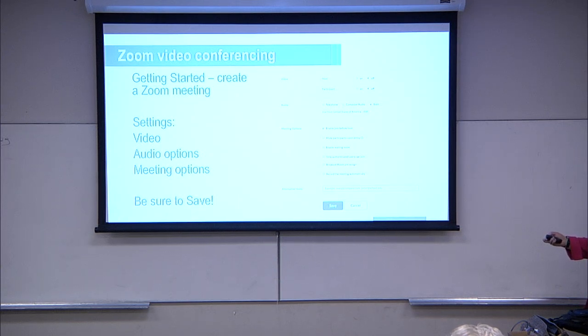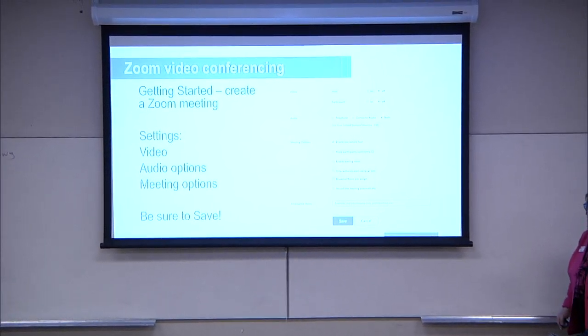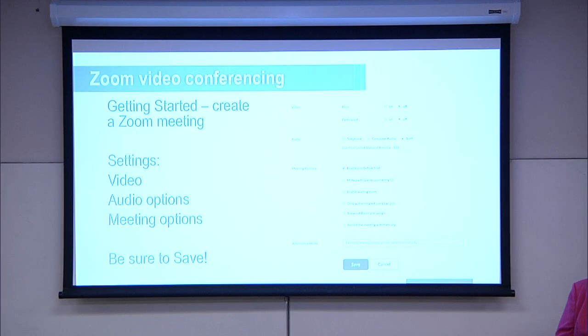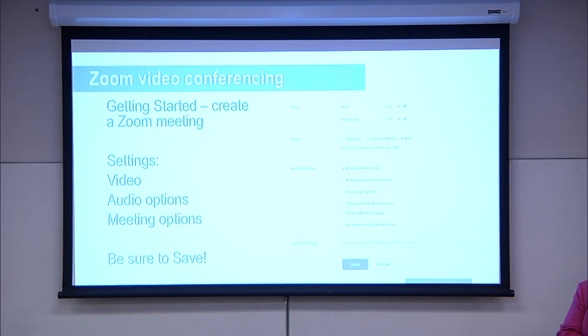In the meeting options, you'll see enable join before host. So on that particular option, that means if you're not in the room yet, your students can go ahead and come in the room, okay? If you don't want that, there are two ways to handle it. First of all, just take the check mark off. And what that does is when they click it, it'll say, you cannot join that meeting because your host is not there yet, okay?